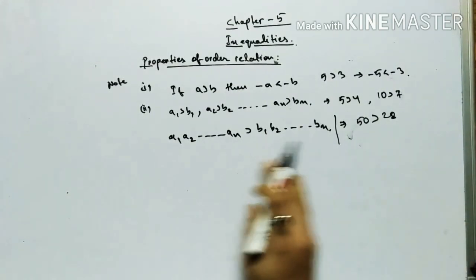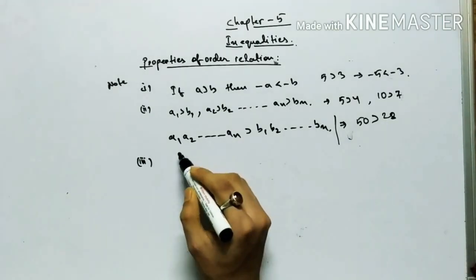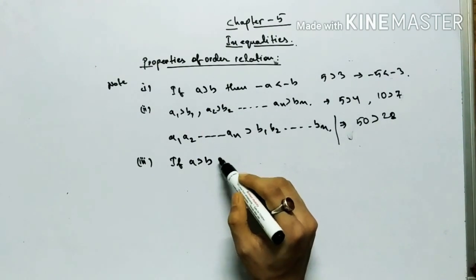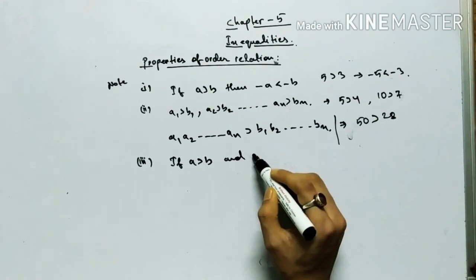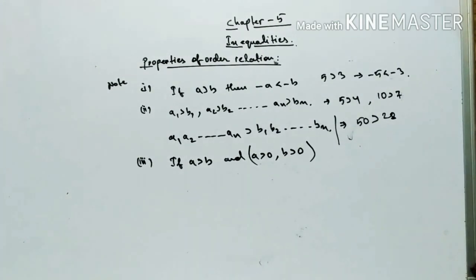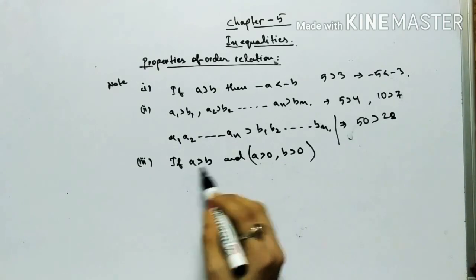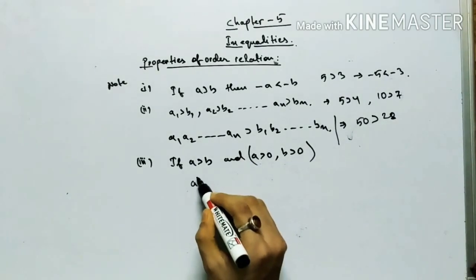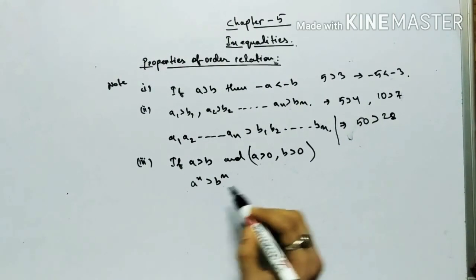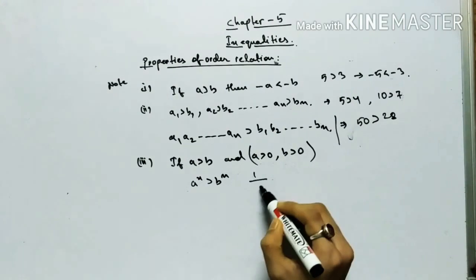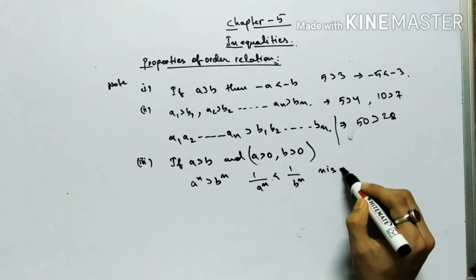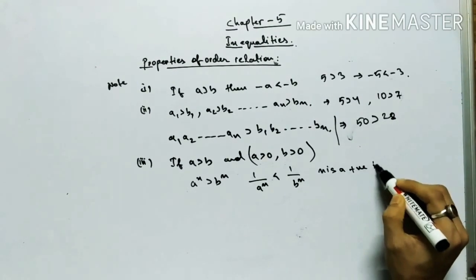Next is number 3. It says that if A is greater than B, and A and B are positive, that means A is greater than 0 and B is also greater than 0, then A to the power n will be greater than B to the power n. Understand? But 1 by A to the power n will become less than 1 by B to the power n, where n is a positive integer.